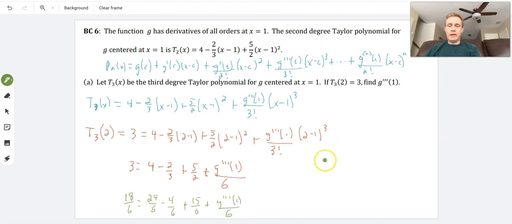Basically what we end up getting is that 18 should equal 20 plus 15, which is 35, plus g triple prime of 1. And we end up that g triple prime of 1 is equal to negative 17.